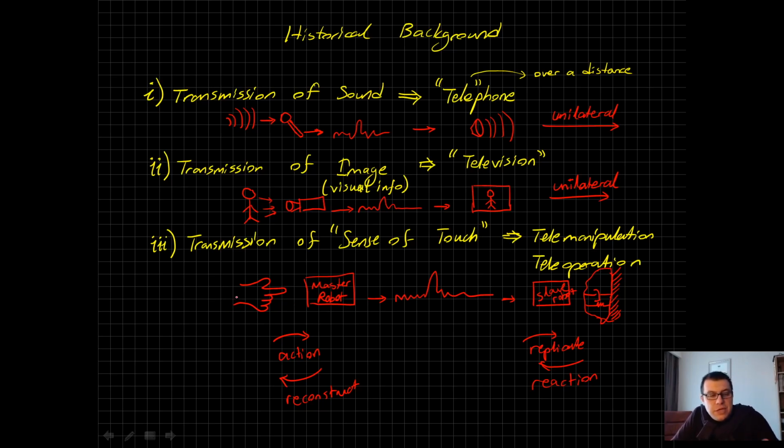Otherwise, it will just be giving input, position input, and the other system will make any motion without any force feedback. And without the force feedback, you cannot call it the sense of touch. So this makes a different system, unlike that one and that one. Unlike the transmission of sound and image, here in transmission of sense of touch, you have bilateral action.